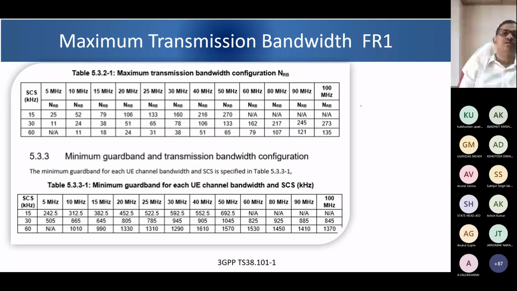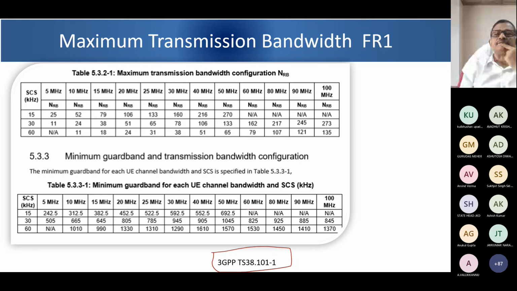Okay, I was telling about how the guard band or transmission bandwidth configurations are there. This again is taken directly from the specification. What we calculated will be in a table in the specification.